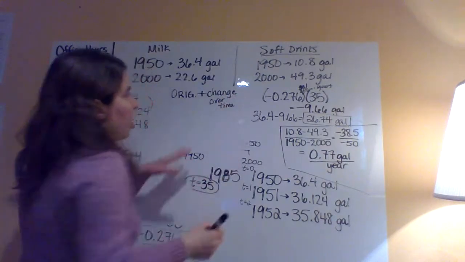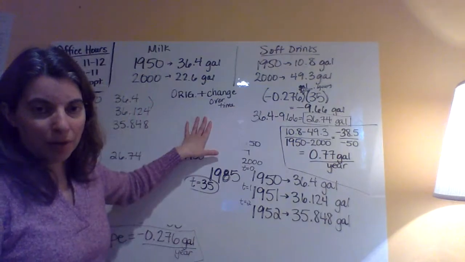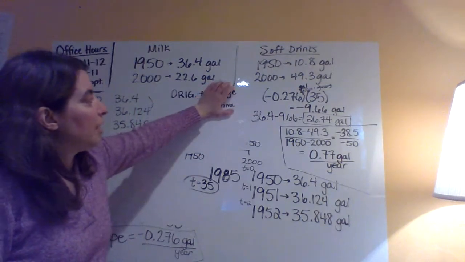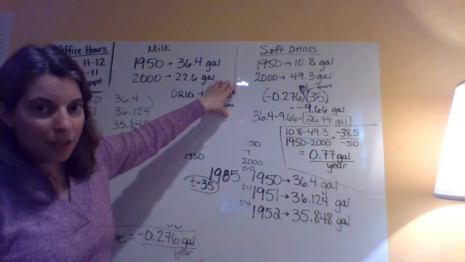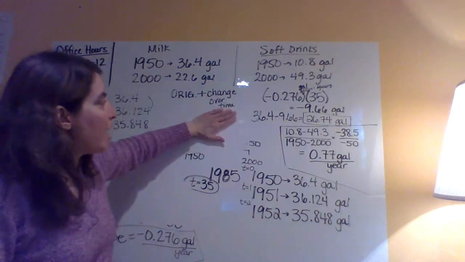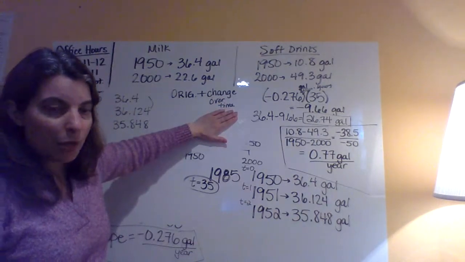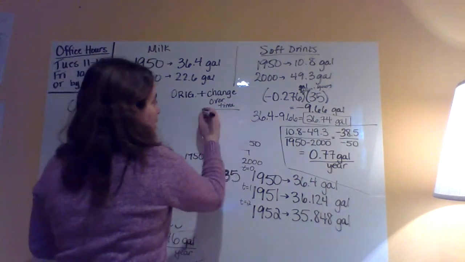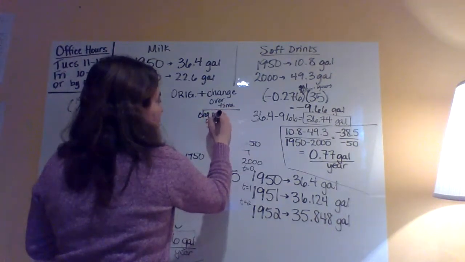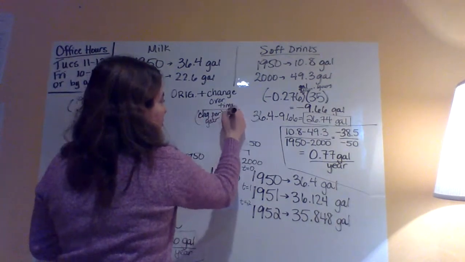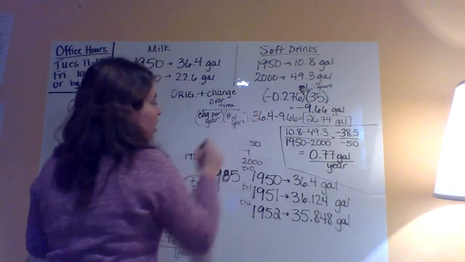Now, we subtracted because our change was negative. It went down a certain amount. But if it were the soft drink, this would be positive, so it would be going up. And how did I figure out how much it had changed over time? Well, I figured out how much the change was per year times the number of years that had gone by.